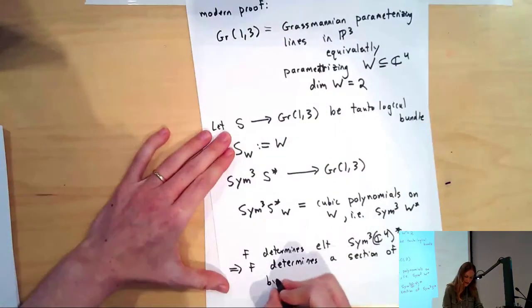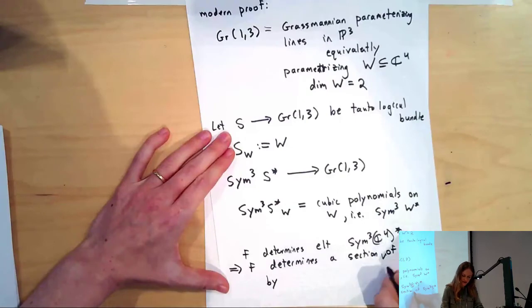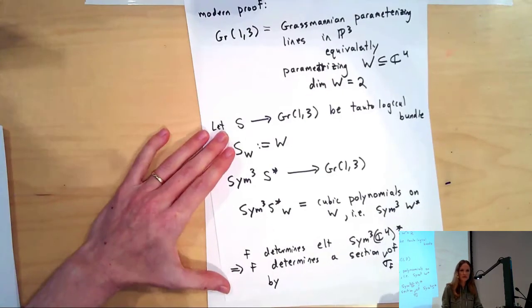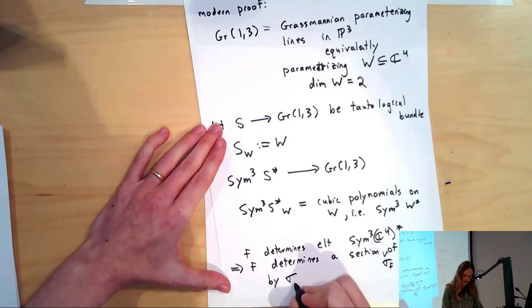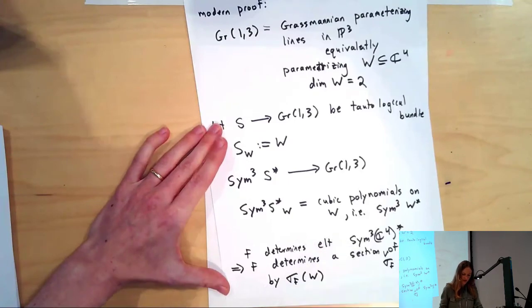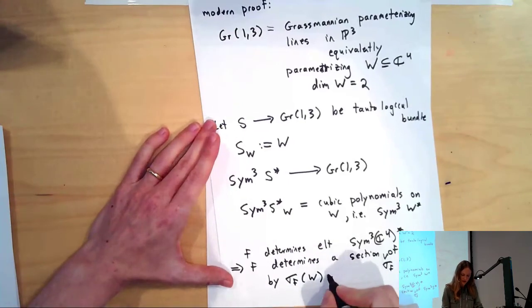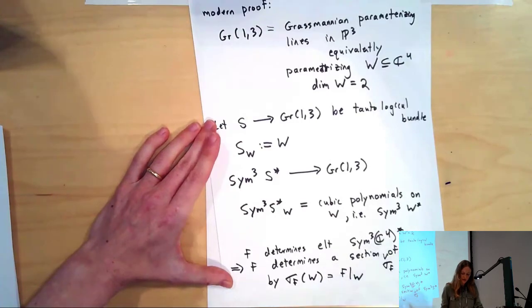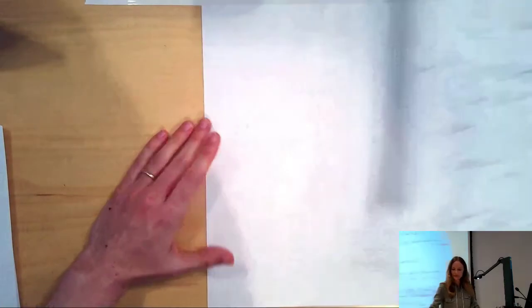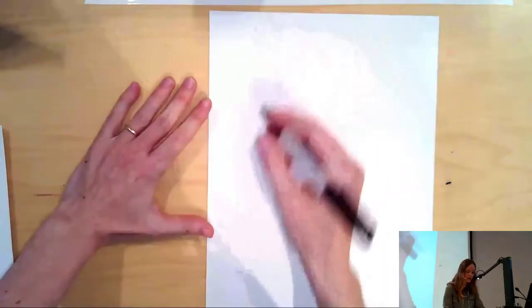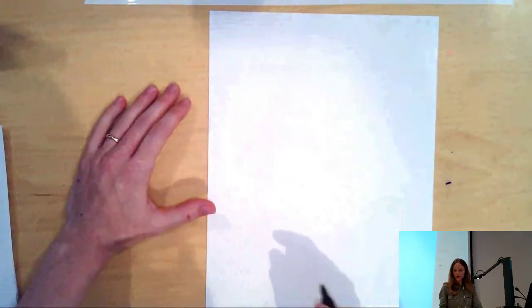Let's call this section sigma F. And so sigma F of the point corresponding to W will be the restriction of F to W. And then the projectivization of W, so the line corresponding to W, is in our cubic surface exactly when the section is 0.